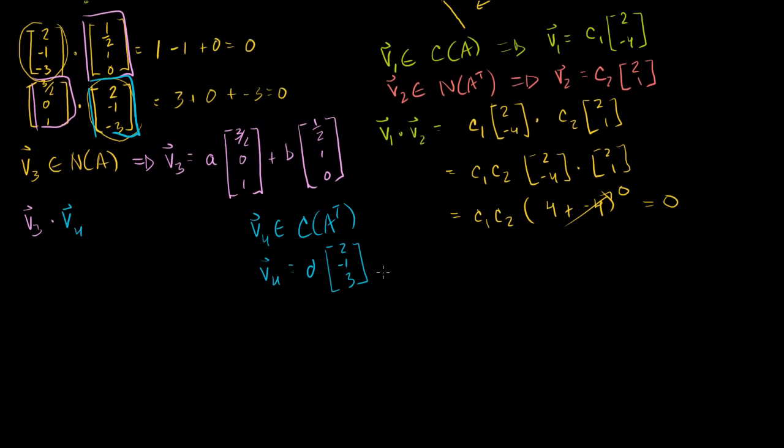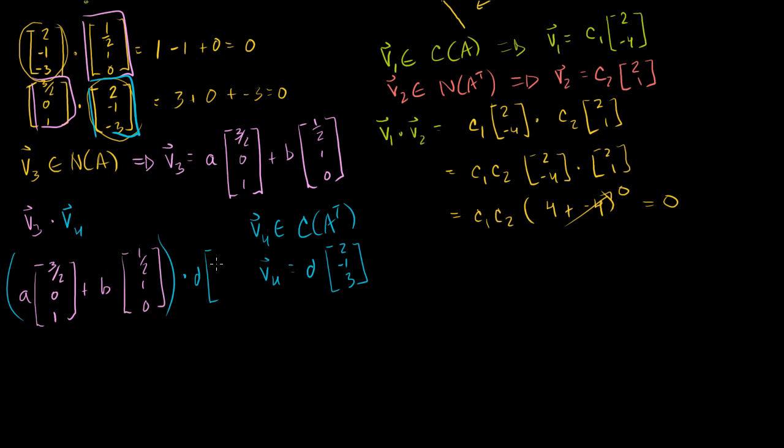This is going to be equal to A times (3/2, 0, 1) plus B times (1/2, 1, 0), dotted with this guy, D times (2, -1, 3). And what is this going to be equal to? Well, we know all of the properties of vector dot products. We can distribute it and then take the scalars out.